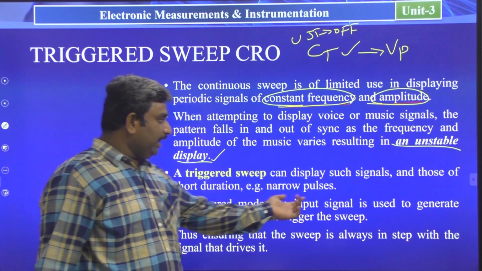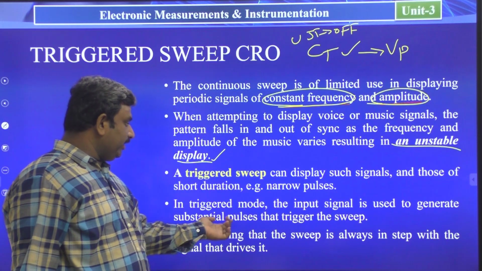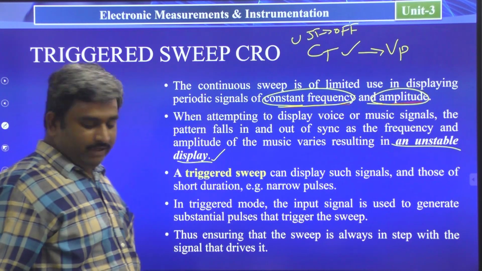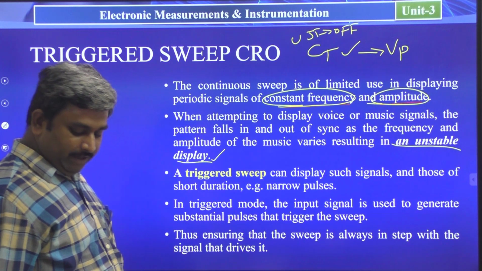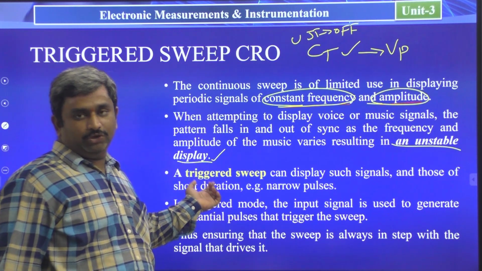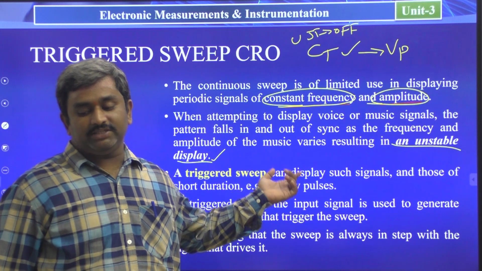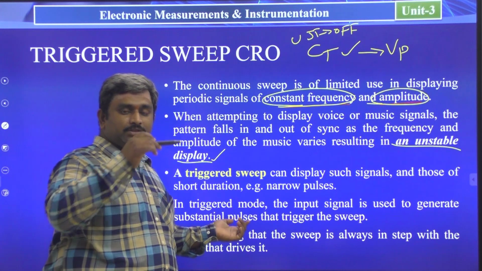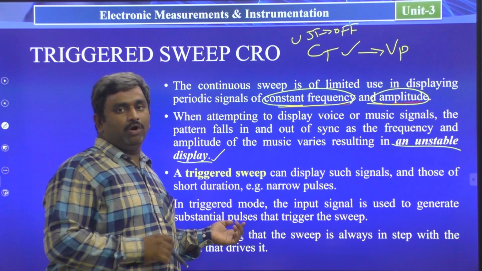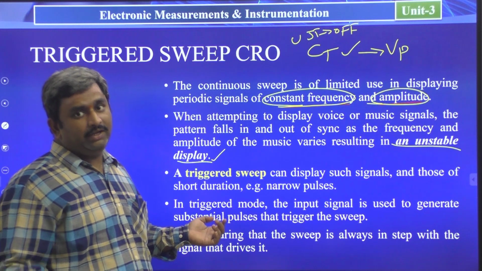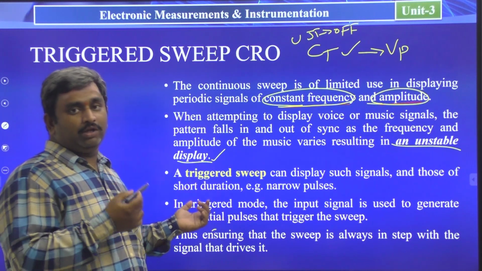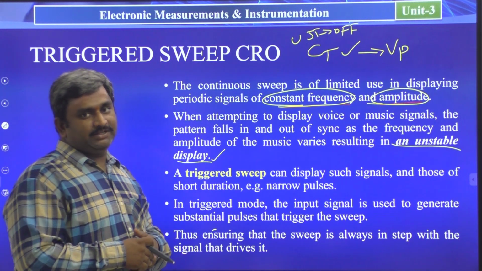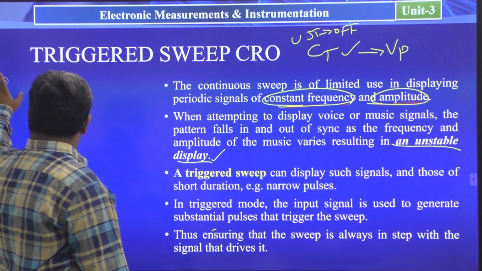In triggered mode, the input signal is used to generate substantial pulses that trigger the sweep, thus ensuring that the sweep is always in step with the signal that drives it. So the sweep signal changes its holding time to discharging period with respect to the triggering pulse, with the sweep output continuously synchronizing with the triggering pulse signal.